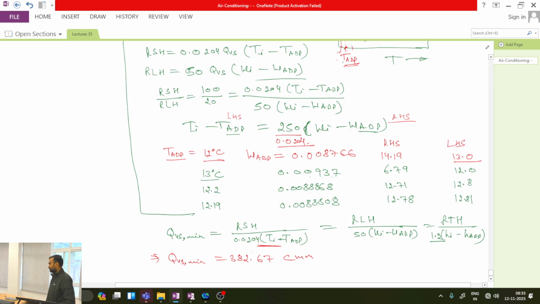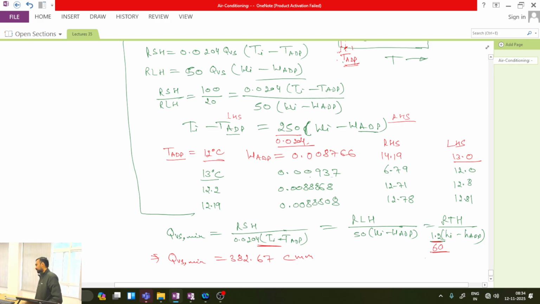Correct? Okay, so I have again made a mistake. So if it is in CMM, then this 1.2 should also have some correction factor, per second. So per second, it means it should be divided by 60. Yeah, okay, because per minute, so it should be divided by 60. 1.2 by 60.